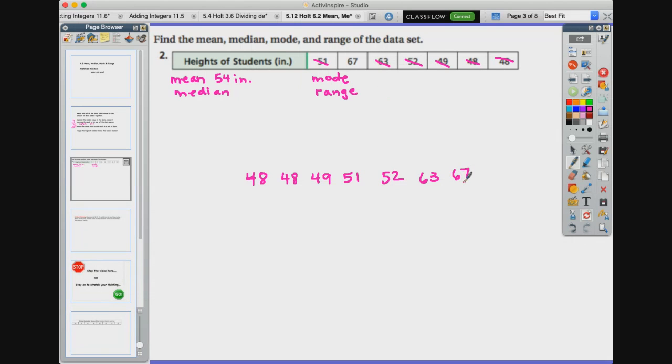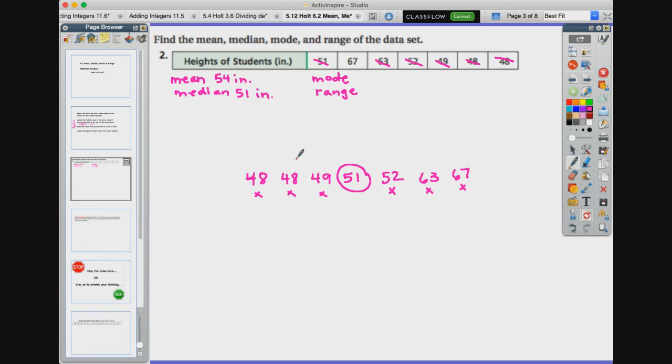Okay, now that they're all written down, to find the median or the middle value, I can just start and cross out one on each end, working my way to the middle. And here, since we have an odd number, our median is going to be 51 inches.